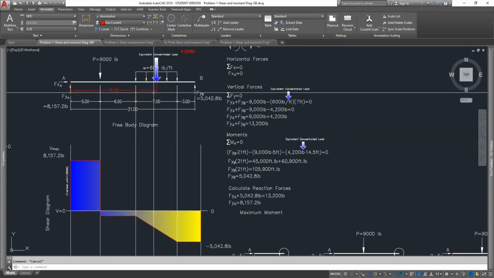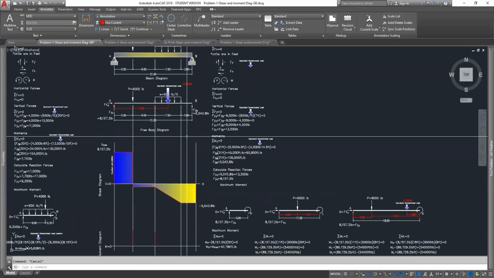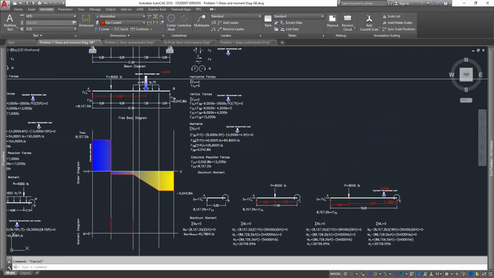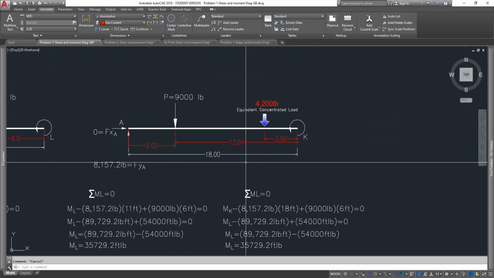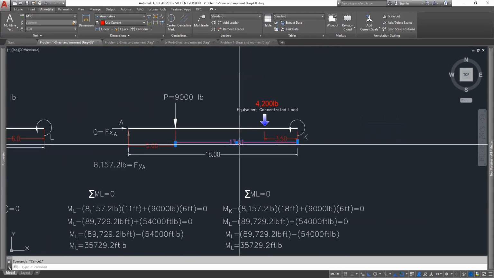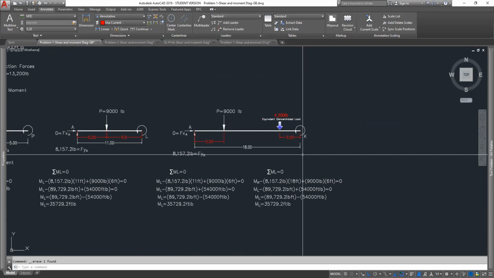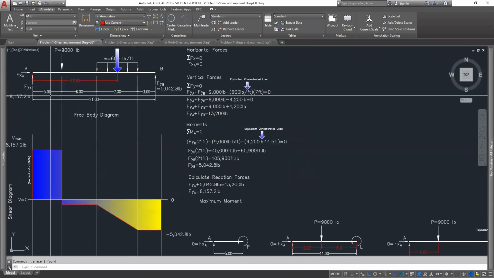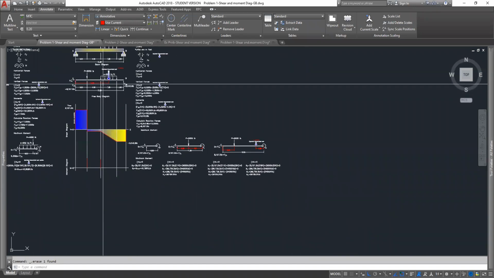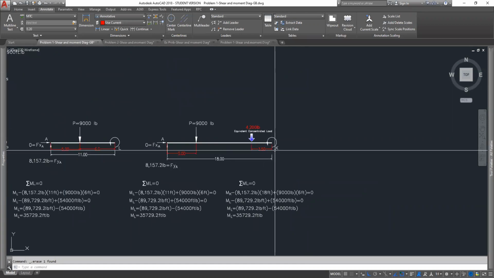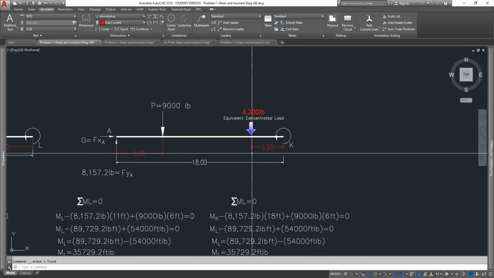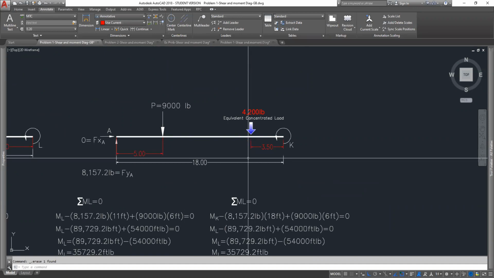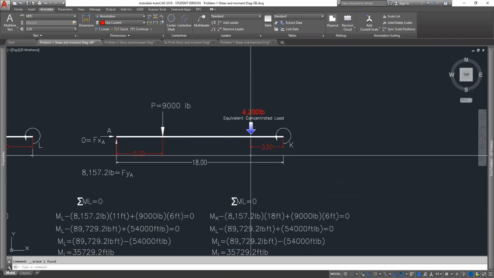All right, so that's the concentrated load, and we're taking it from this point right in here. Am I off on that, guys? Let's take a look at that for a second, okay? So this ending of the concentrated load ends up being 7.5. So it's 18 feet minus 3.5. That should be 14.5 feet located into there.